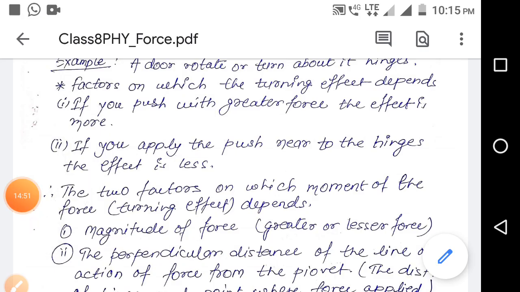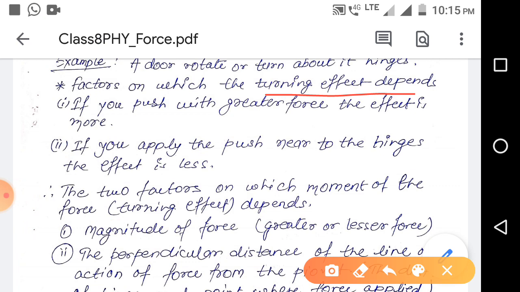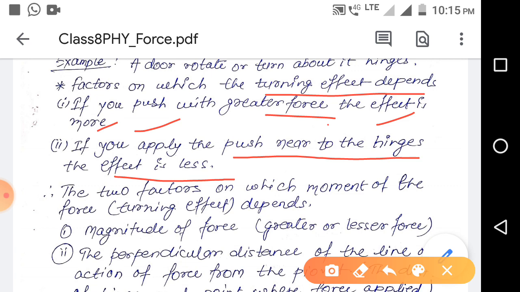Now come back to the notes once again. See, these are the two factors on which the turning effect depends. If you push with greater force, the effect is more. If you apply the push near the hinges, then the effect is less. That is what I said about.